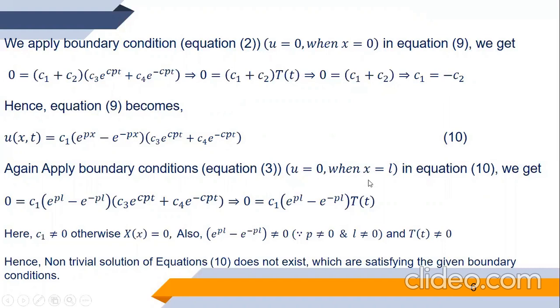So u is equal to 0 when x is equal to L, then we get this equation, and this equation indicates that T(t) is not equal to 0, this term is also not equal to 0, and we can't consider c1 equal to 0. So therefore we can say the given equation 1 has no non-trivial solution which satisfies the given boundary conditions for the case k greater than 0. And all this we discussed in the previous lecture.